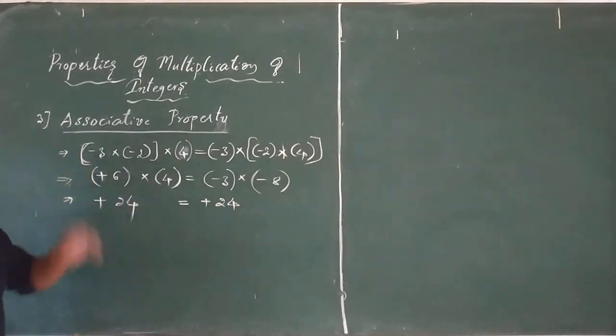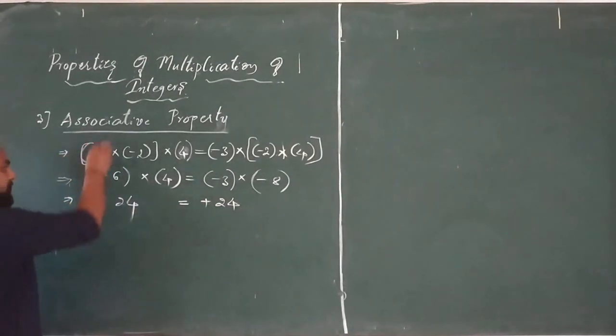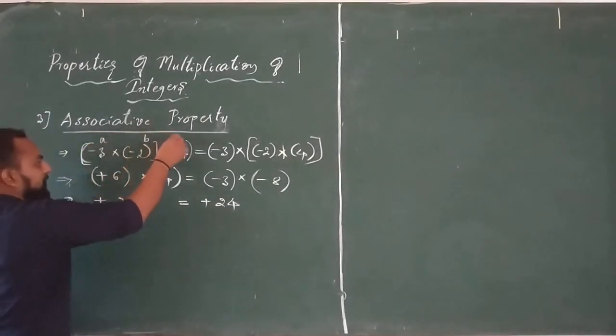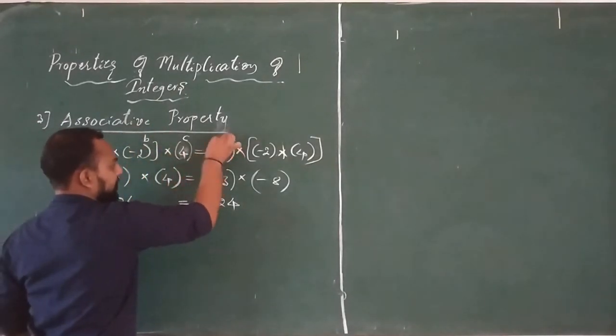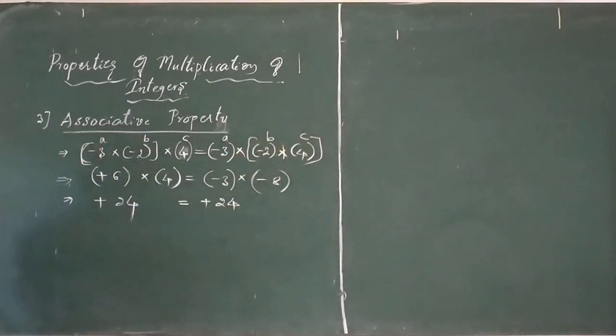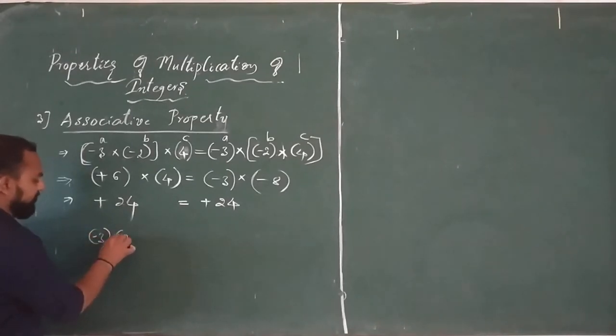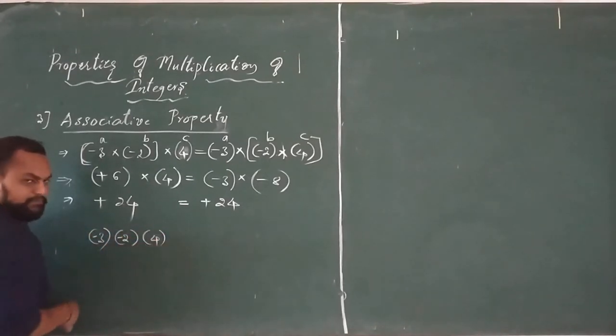It means the associative property: the product of three integers, here this one is A, this one B, and this one C. Take an example: 3 into 2, minus 3, minus 2, 4.